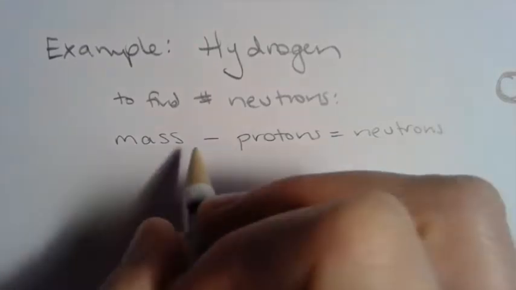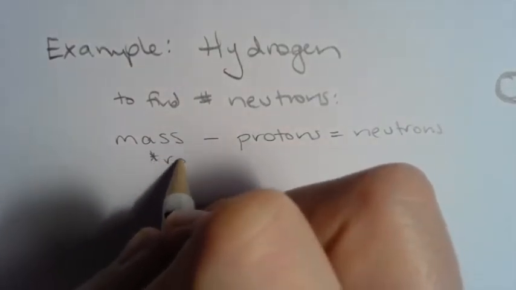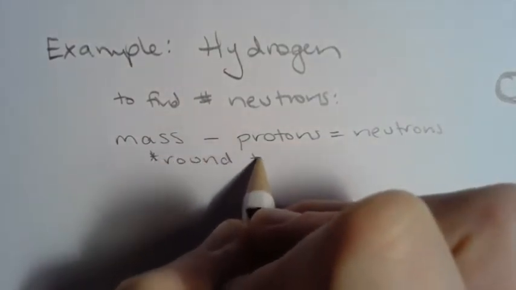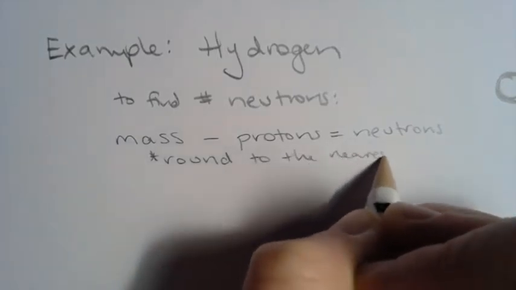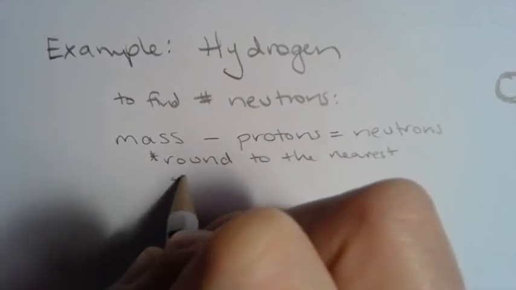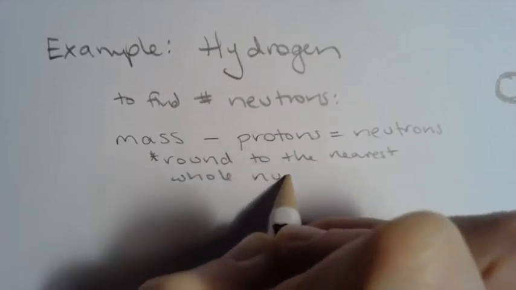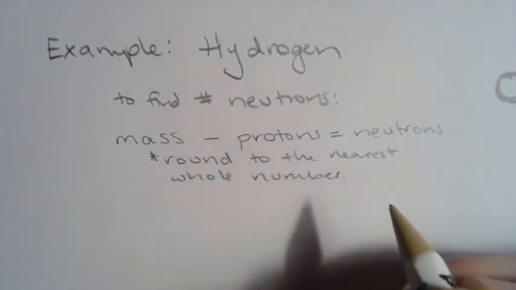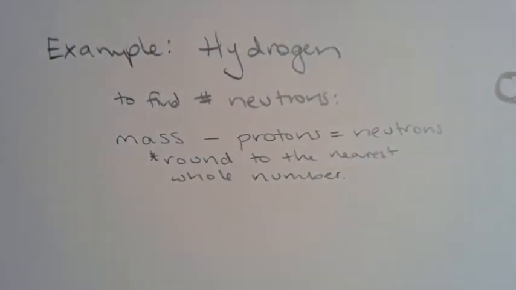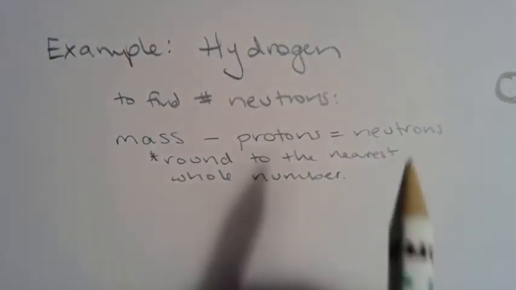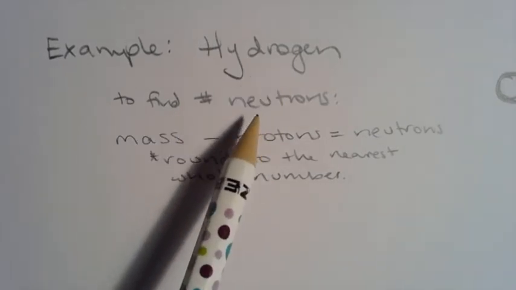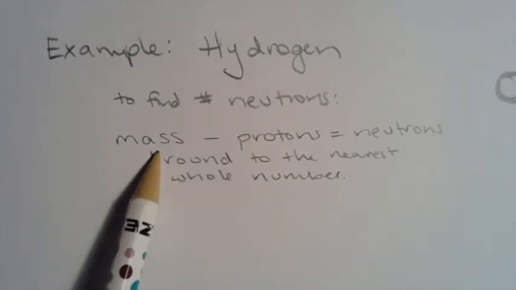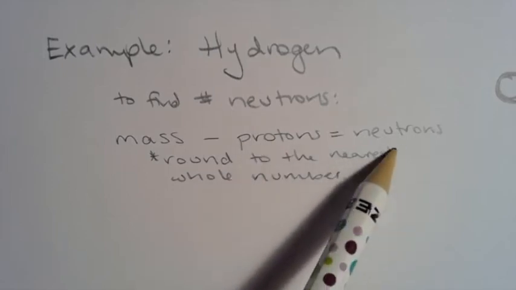And then round to the nearest whole number. Okay, let's write that down. But here we go. We're doing the example of hydrogen. We're going to find how many neutrons. We're going to take the mass number minus the protons to find the number of neutrons.